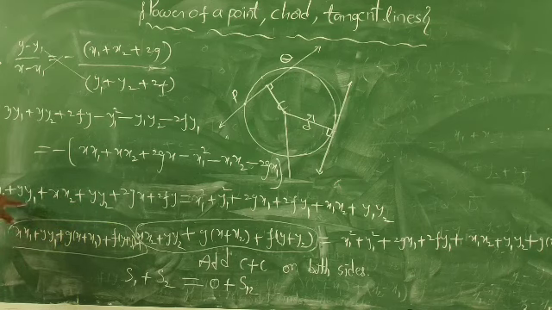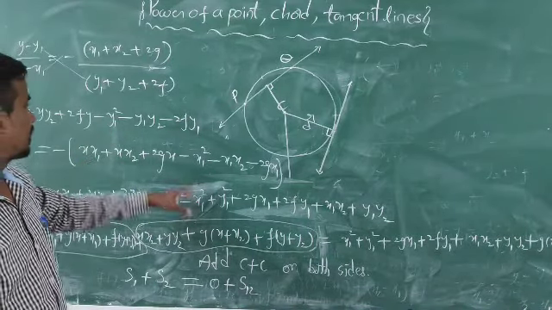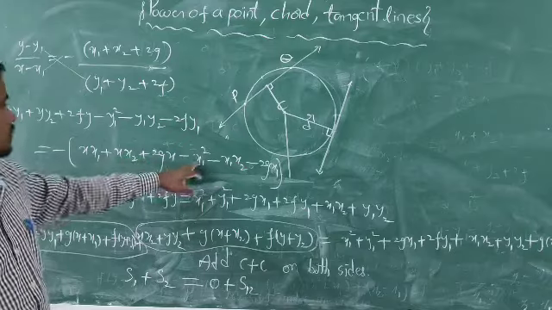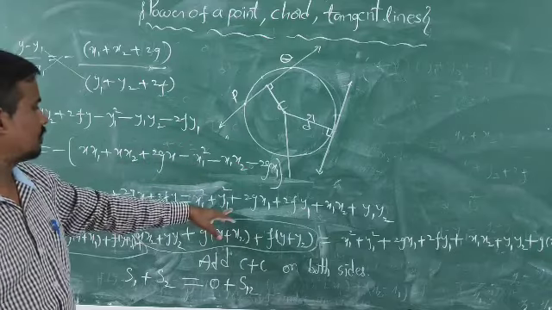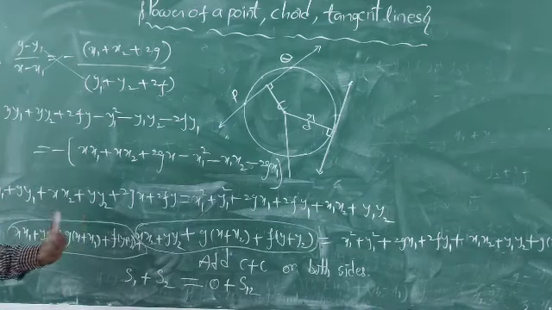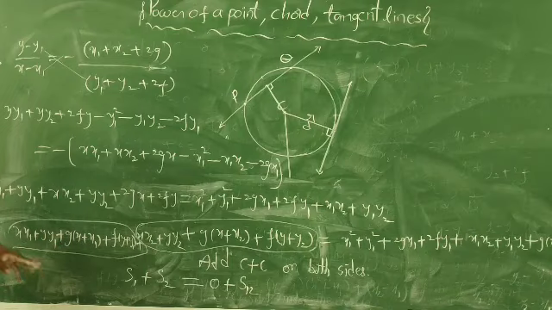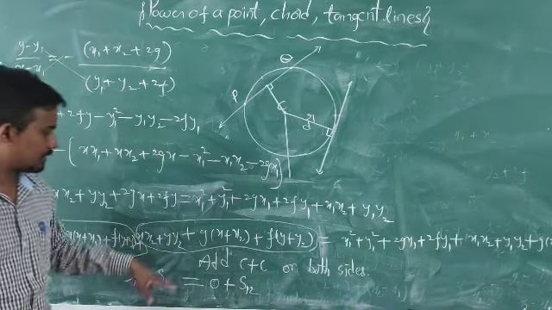xx1 plus yy1 and xx2 plus yy2 and 2gx 2fy, and here what remains is x1 square, and from it y1 square, 2gx1, 2fy1 etc., and adding to both sides the terms required to become this form, then we get it is S1 and it is S2.